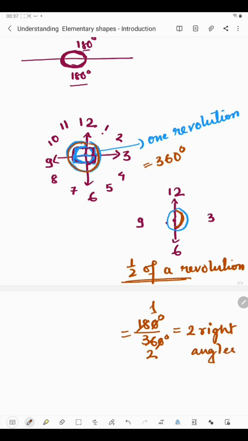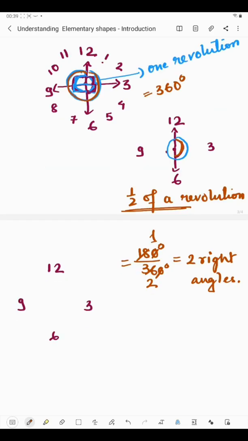Okay. Now next. Suppose the hand of a clock starts moving from 6 o'clock to 9 o'clock. What we have to find is what fraction of the clockwise revolution it is. Now see, a full revolution is 360 degrees, and here we have got an angle.